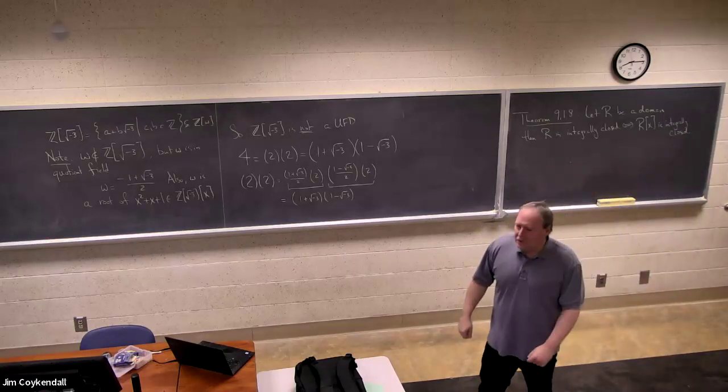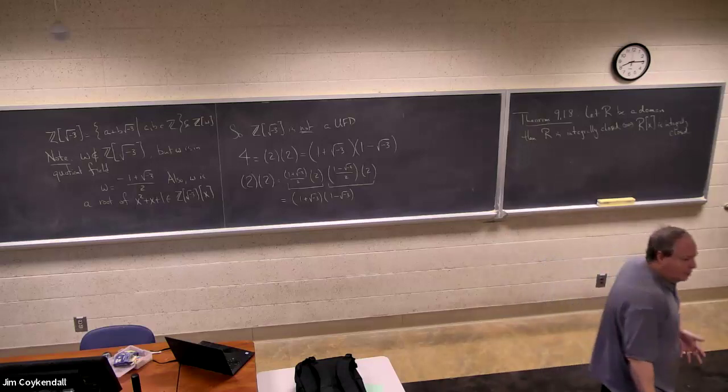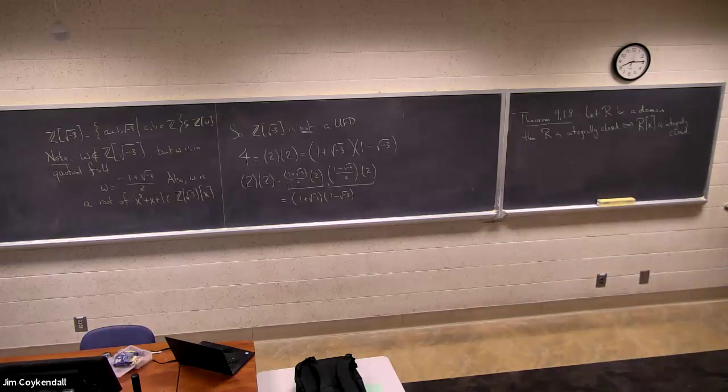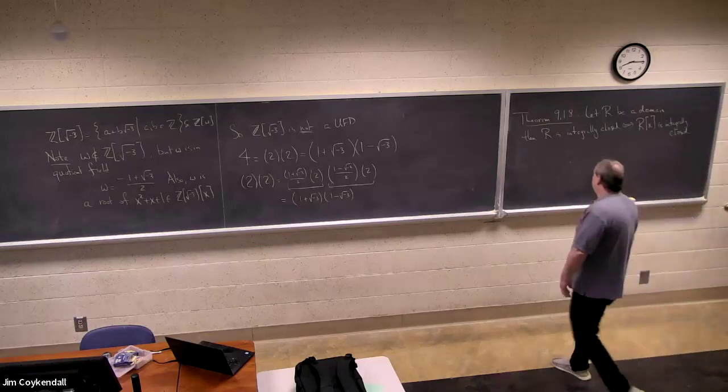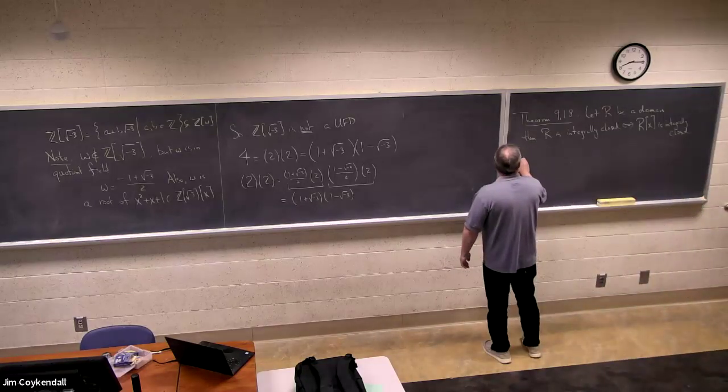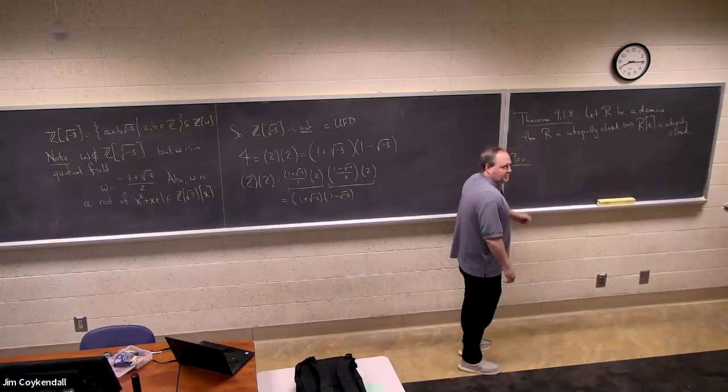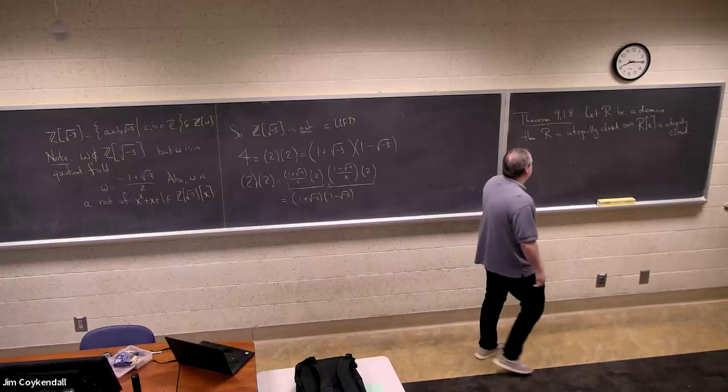Actually, that is kind of a good sign that this property is an important property because it's stable under polynomial extension. So integrally closed, when you go to the polynomial ring, it's still integrally closed. That's a good sign that this is a worthwhile property. I'm gonna prove the easy direction. So this is sort of a half proof.